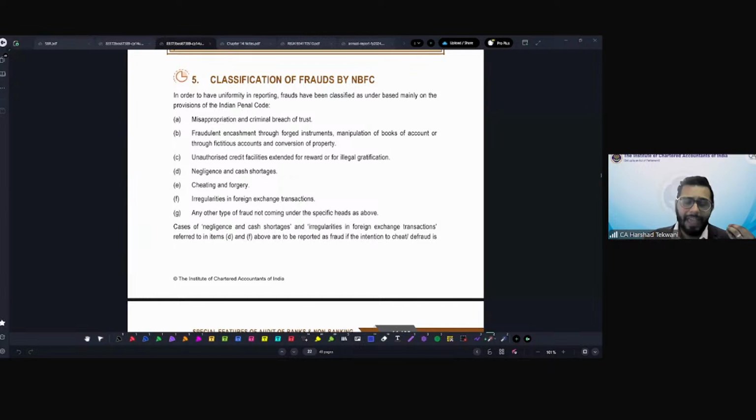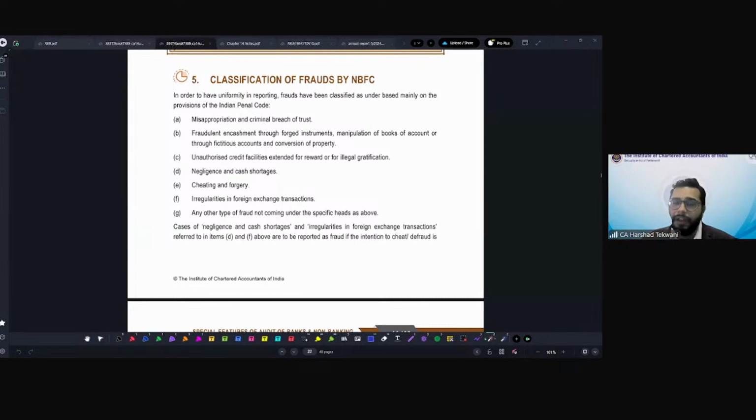We have discussed reporting and prudential norms. Now I will discuss the auditing and audit procedures that are followed when it comes to the audit of an NBFC.